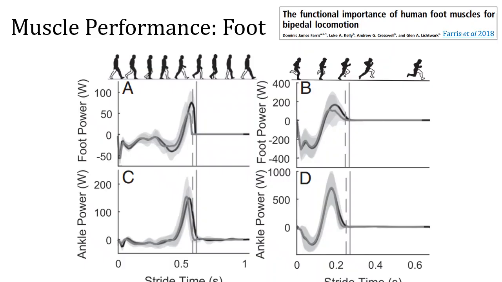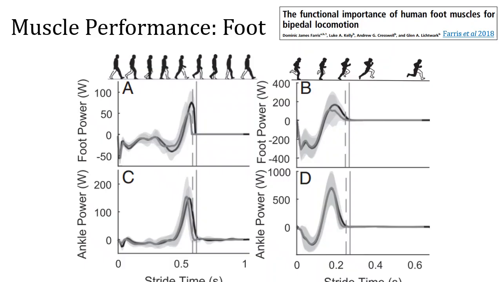On the A and B, you have the foot power for both the walking and then the running respectively. And then for the C and D, you have the walking and running, but ankle power shown. For both conditions, the dark black line is the control condition where there's no tibial block, and the gray is the experimental where there is a tibial block, and thus the individual has a compromise in their foot intrinsic activation.